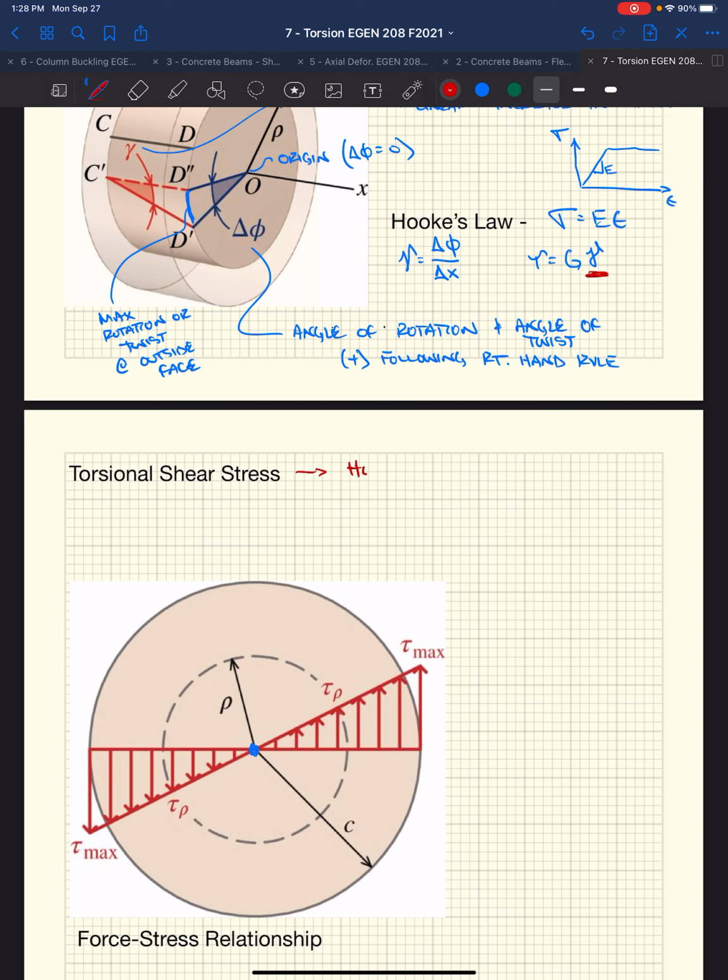So it all comes back to Hooke's law relating stress and strain, where tau equals the shear modulus times our shear strain. Basically, if strain increases linearly with radius, so does stress.